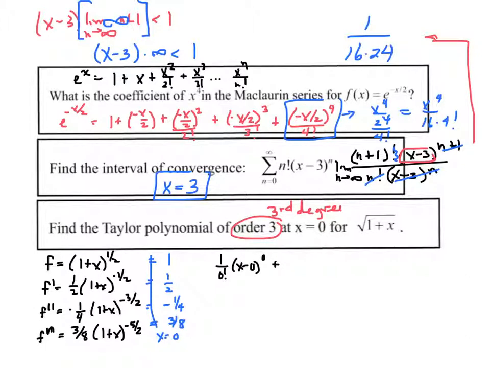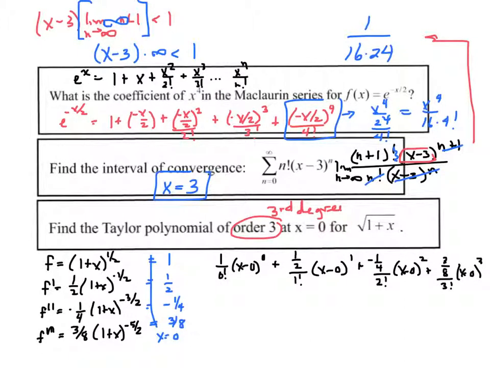Plus, first derivative, 1 factorial, x minus 0 to the first. Second derivative, 2 factorial, x minus 0 squared. And third derivative, 3 factorial, x minus 0 cubed.